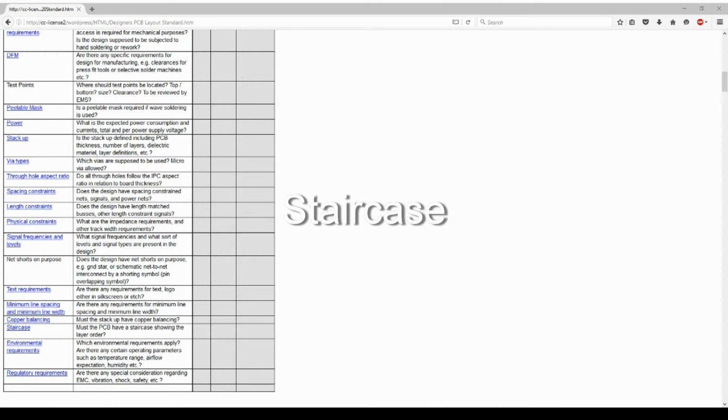Staircase is a way of showing how the board is constructed, a way of pointing out the order of the layers.